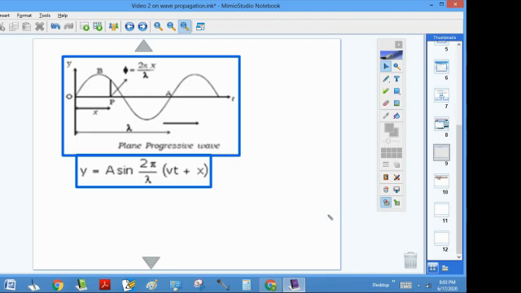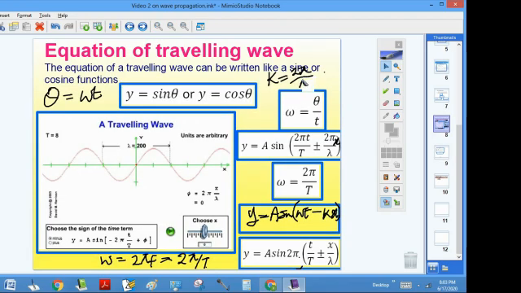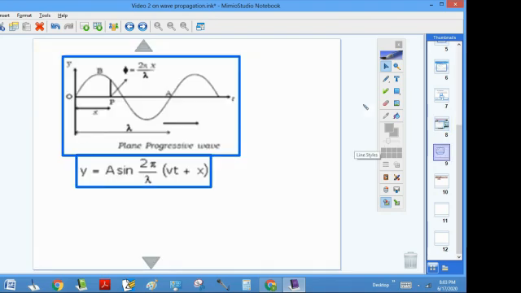Here we just substituted V, which is wave speed. You know that we have said before that v is the same as f lambda. So when we do that, this equation will change from there to this. So they are the same thing.